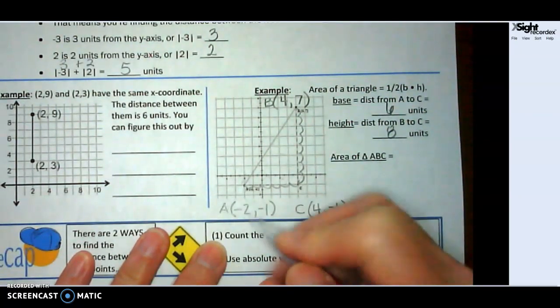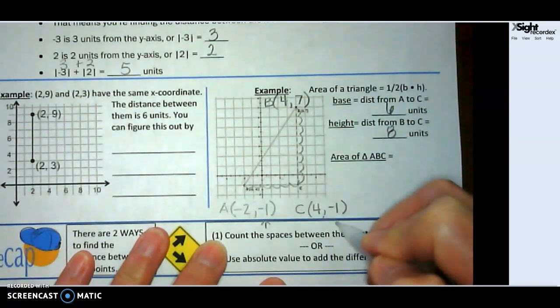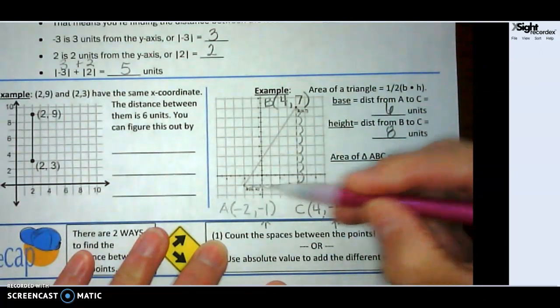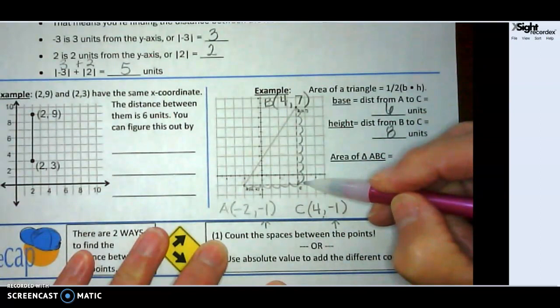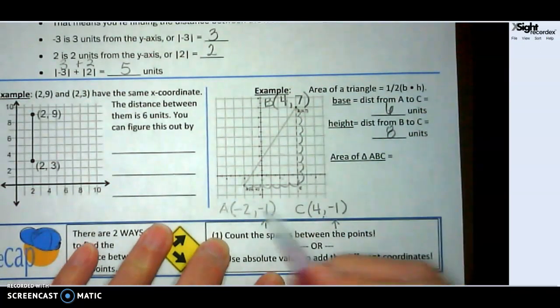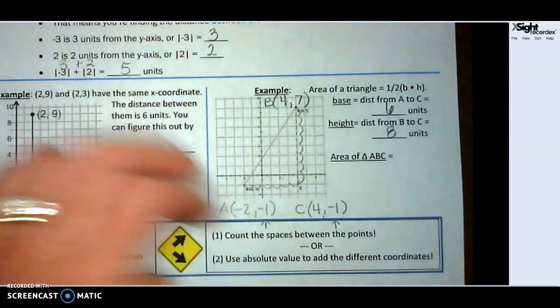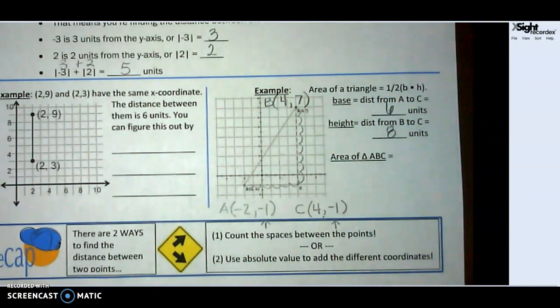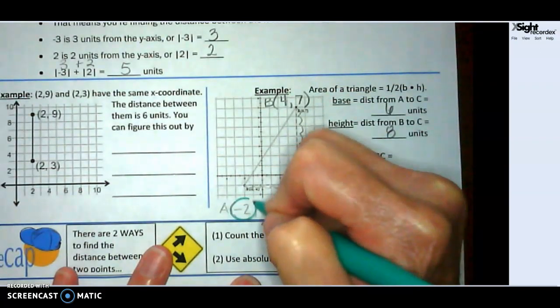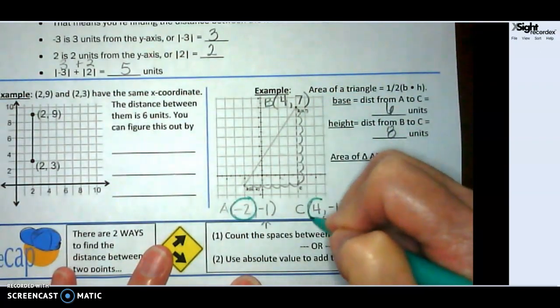I notice my y values are the same, -1. We are on the horizontal line. Those numbers are the same. I'm not going to add them. I'm not going to do anything with them. I want to look at the values that are different, -2 and 4.